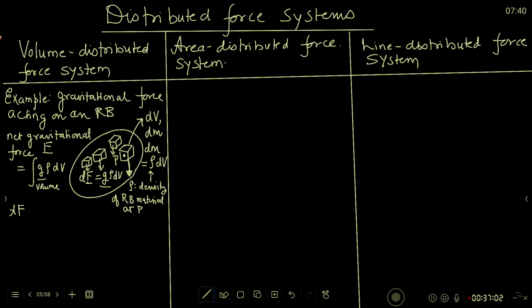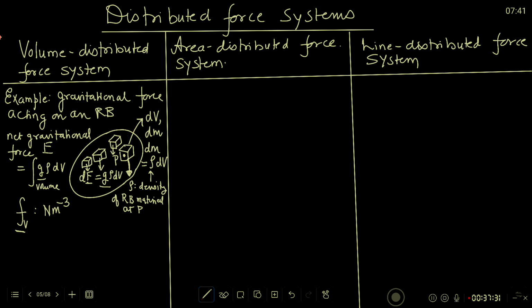Now volume distributed forces are characterized by a function Fv, a vector, such that its units are Newton per meter cube. We characterize this volume distributed force using such a function.